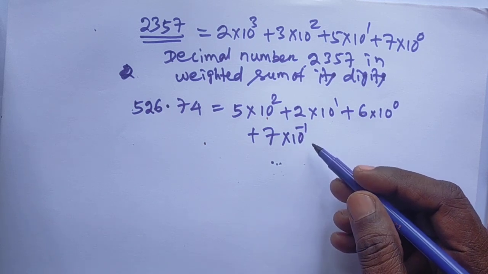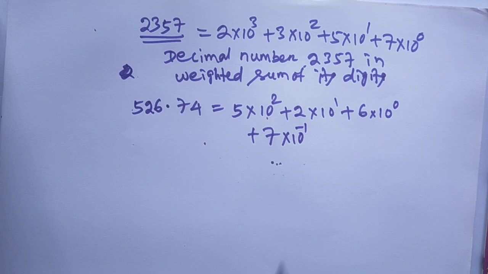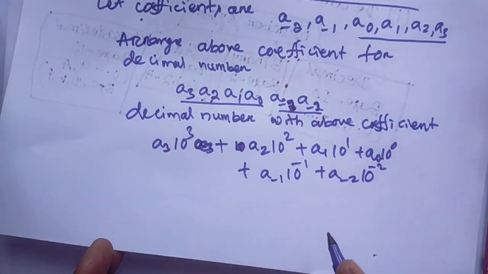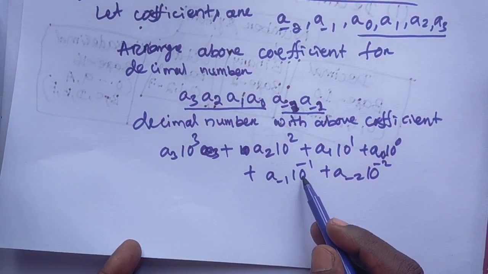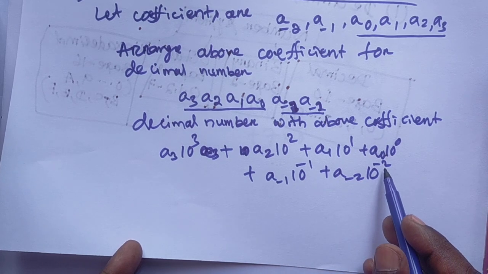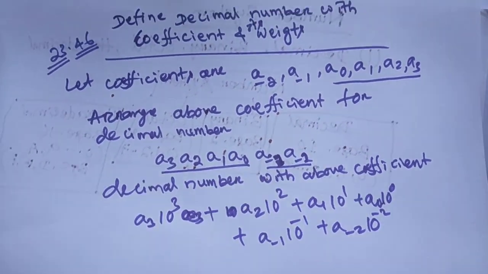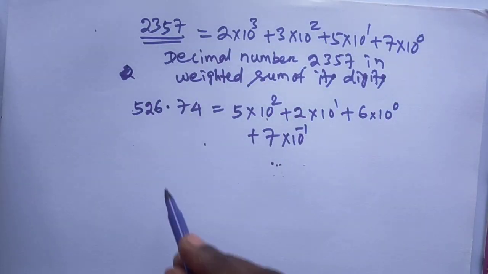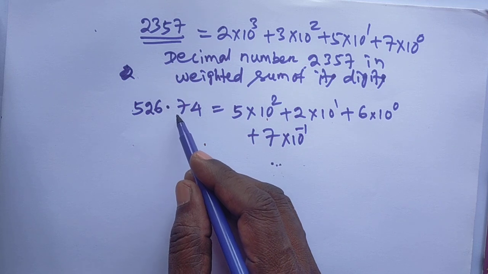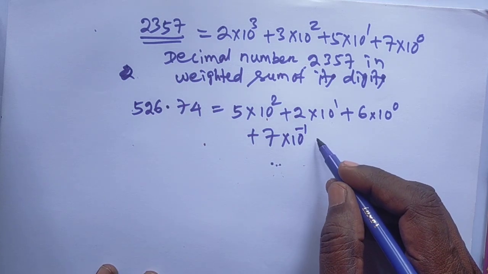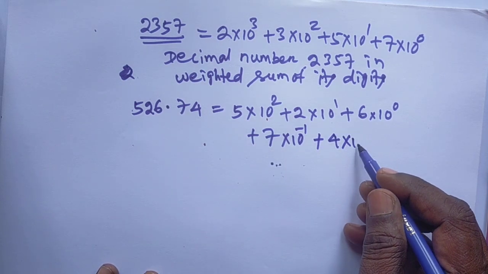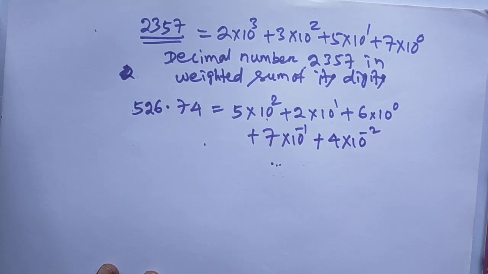We have already discussed that part in previous slides. After the decimal the powers are minus 1, minus 2, minus 3, minus 4, and so on. So first is 7 into 10 to the minus 1, plus the next, 4 into 10 to the minus 2. If more digits are there after the decimal, we can define them accordingly with 10 to the minus 3, minus 4, minus 5.